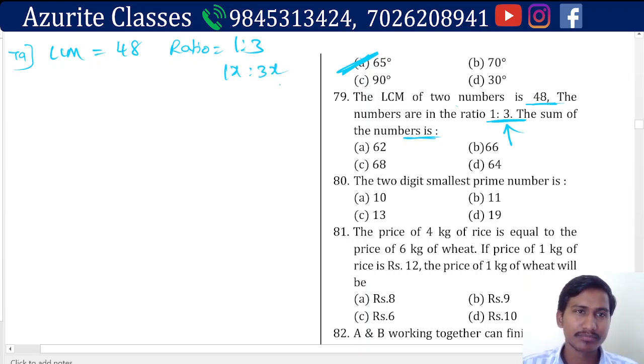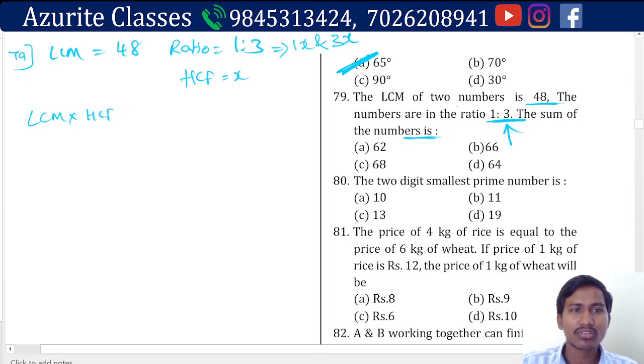1x and 3x. Between 1 and 3 there is no common factor. So we can take x as the common factor, the HCF. So the numbers are 1x and 3x. So we know LCM into HCF is equal to the product of the numbers, right?